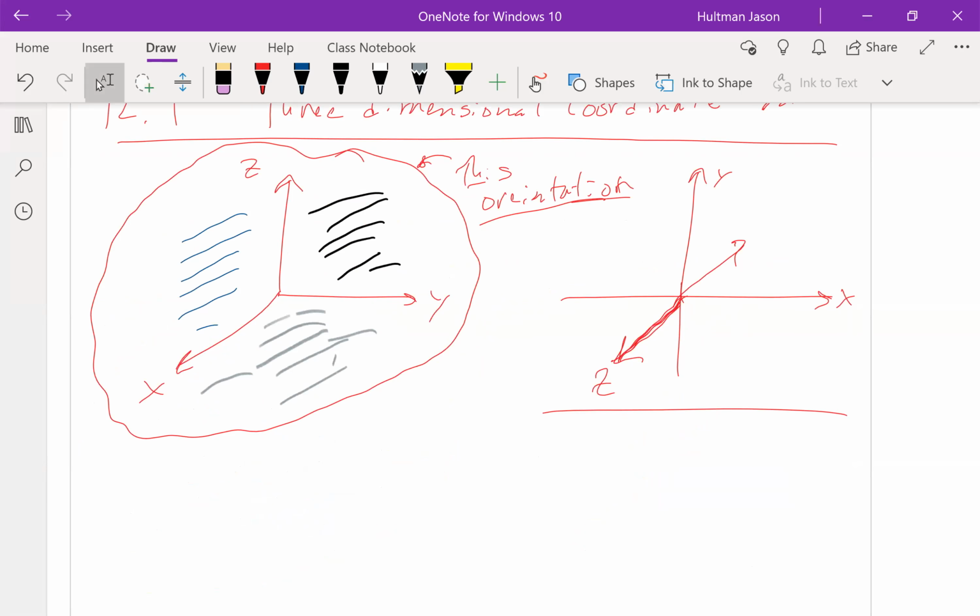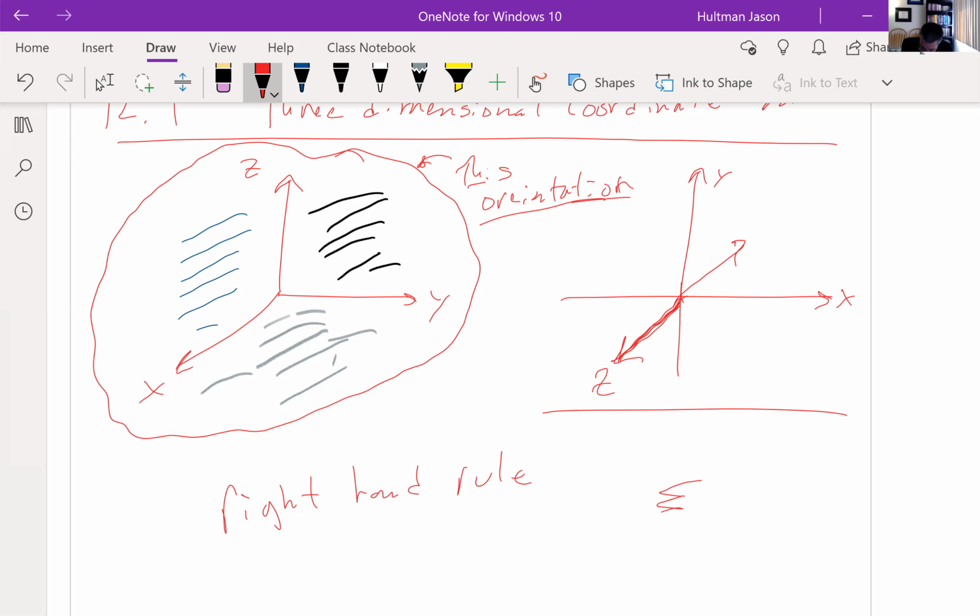Now we have something called the right-hand rule. It's going to take some imagination, because I'm not teaching in a classroom, and I'm not going to draw a hand. It's just not going to happen. I'm not the artist in the family. That's my daughter. She would be able to draw the hand. I mean, maybe I could draw a hand. I don't know.